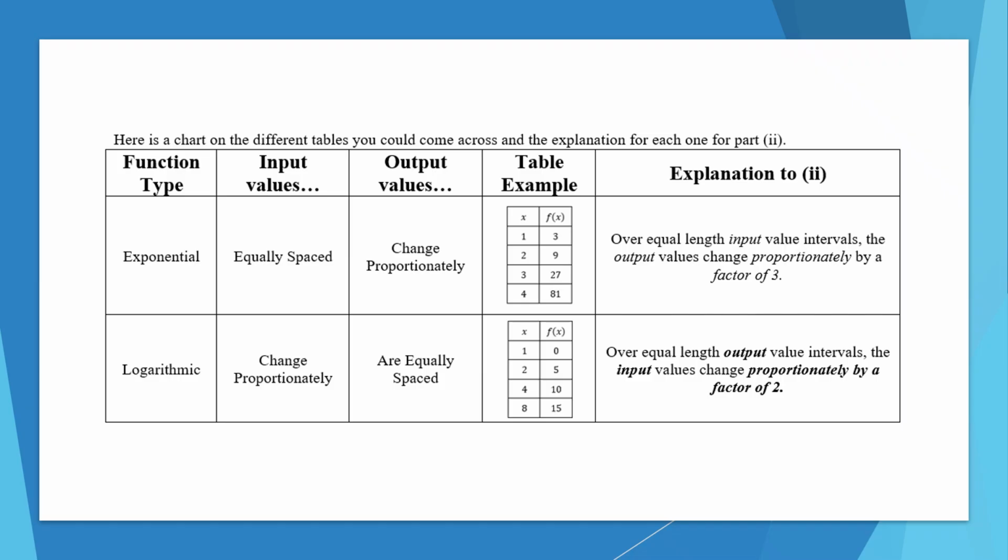All right, the next two that you could come across are going to be a little bit easier. First is exponential. This is where your input values are equally spaced. So here, +1, +1, +1. I like to think of exponential and logarithmic. Your input values are an addition rule, and then your output values change proportionately, which is going to be represented by a multiplication rule.